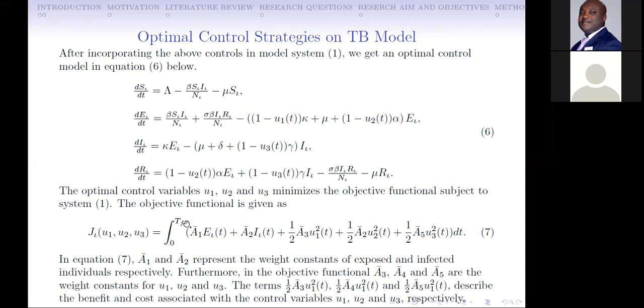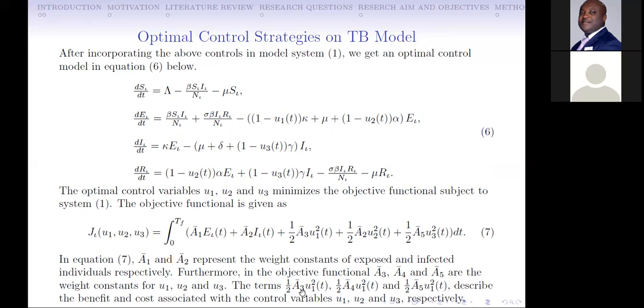T final represents the final time. So in this equation 7, A bar 1 and A bar 2 correspond to the weight constants of the exposed and infected individuals respectively. Furthermore, in the objective functional, A3, A4, and A5 are the weight constants for the personal protection, the treatment for the exposed individual, and the treatment for the infected individual.